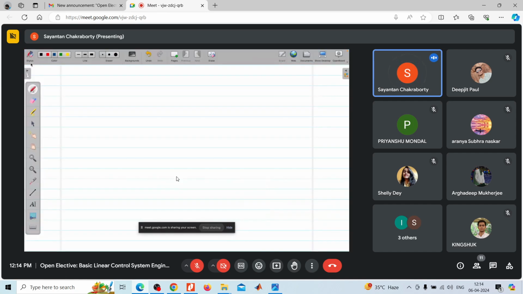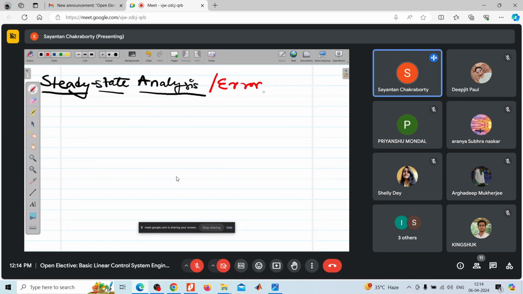So in today's lecture, we shall discuss steady state analysis. Now, as I've been emphasizing, the steady state analysis is mainly the study of steady state error, or you can say offset: how much the final value of the control variable differs from the desired value.